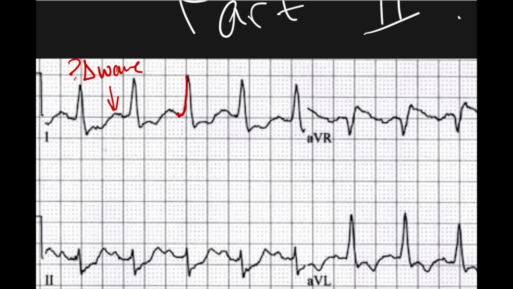But notice we definitely seem to have some ST depression. Right. So here's our J point, and so it comes down after that. So that looks like downward ST depression.